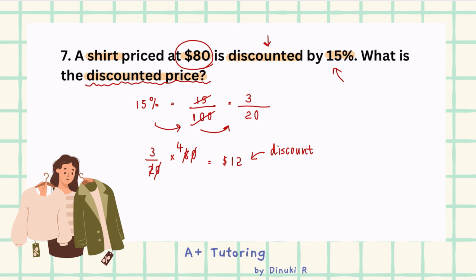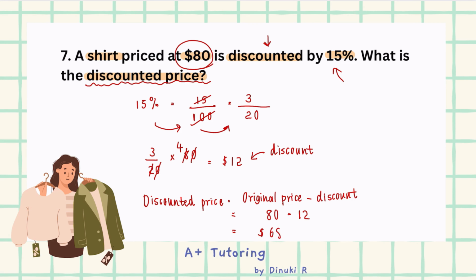What are we being asked to figure out in the question? The actual price after the shirt's been discounted. So the discounted price equals the original price take away the discount, which means the original is $80, take away 12, which is 68.